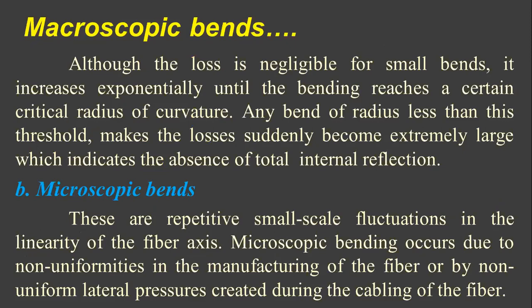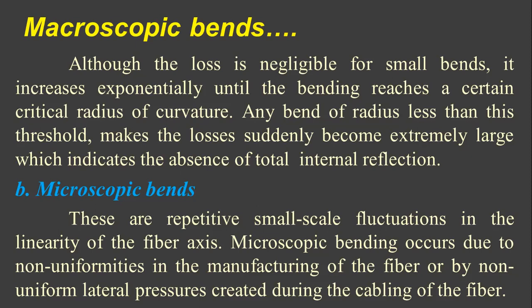So, although the loss is negligible for small bends, it increases exponentially when the bending reaches a certain critical radius of curvature. Any bend of radius less than this threshold makes the losses suddenly become extremely large, which indicates the absence of total internal reflection.